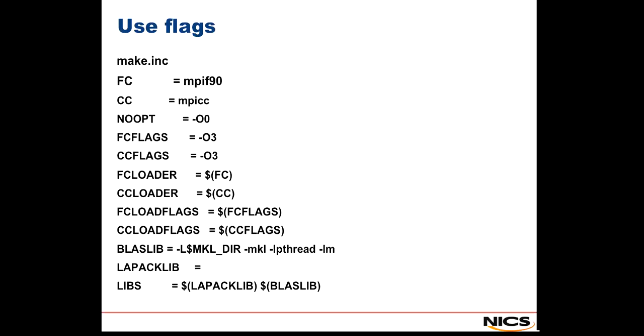So inside your makefile, you will use a lot of flags to represent what you have for your computational environment. Pay attention that every application, every code is developed under a certain computational platform.